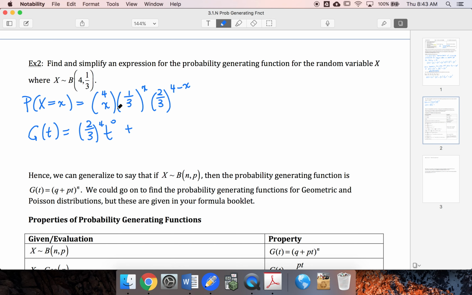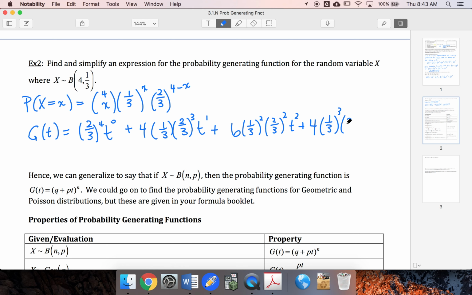And then I'll have 4 choose 1, which is 4, times 1/3 times 2/3 to the 3rd, t to the 1st, 1, 4, 6, and then back to 4, and lastly I have 1, and then that's going to be 1/3 to the 4th, t to the 4th.